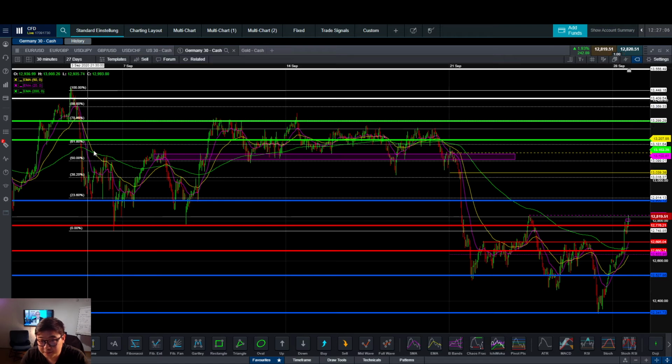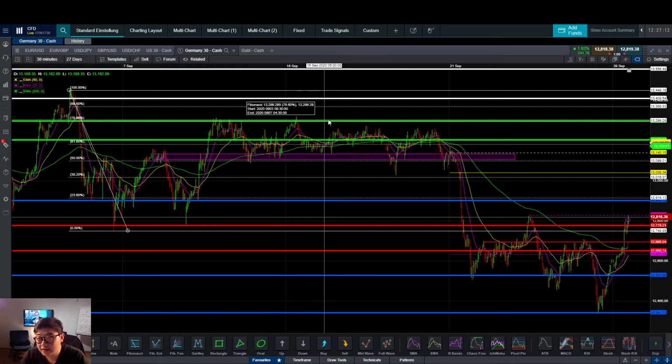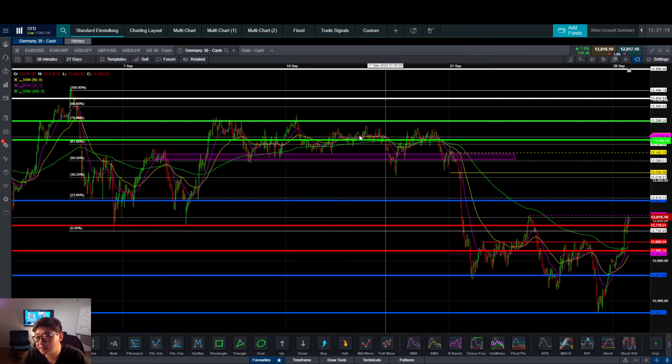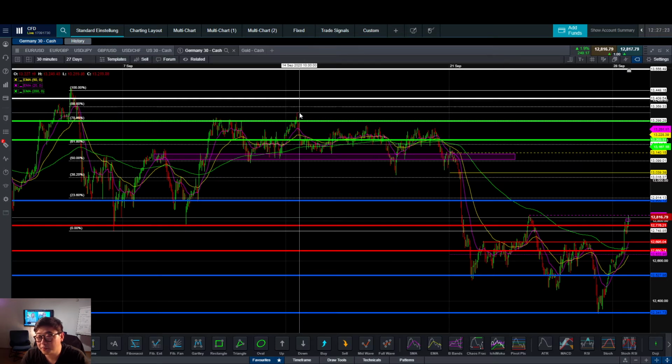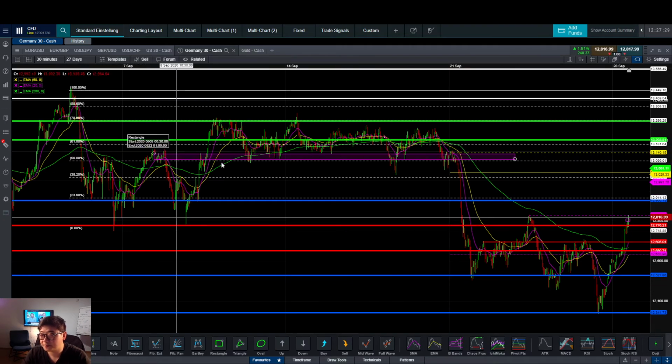I drew this part to the lowest part, and look, exactly by 78.6%, bam, it dropped. If you take the trade right about here, then your stop loss would be approximately here, or even this line, and then take a drop here for the long term.